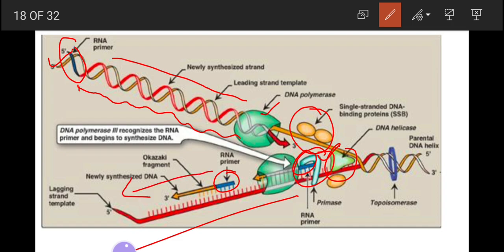So many fragments are formed, and with the advancement of the opening of the strands, there will be the formation of supercoils, which are relieved by the topoisomerase enzymes.